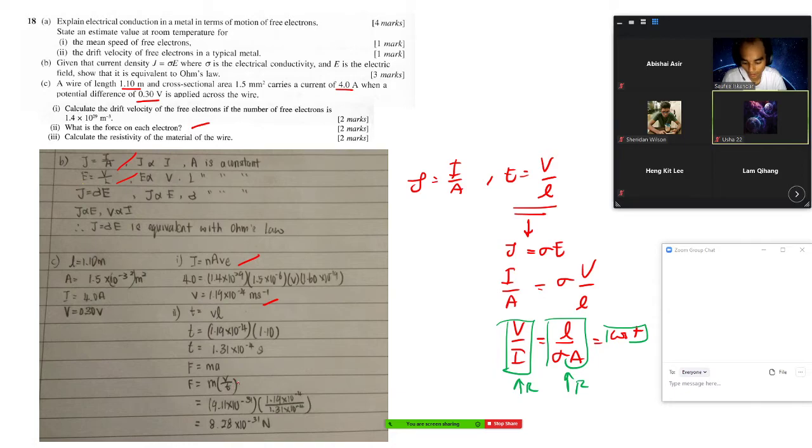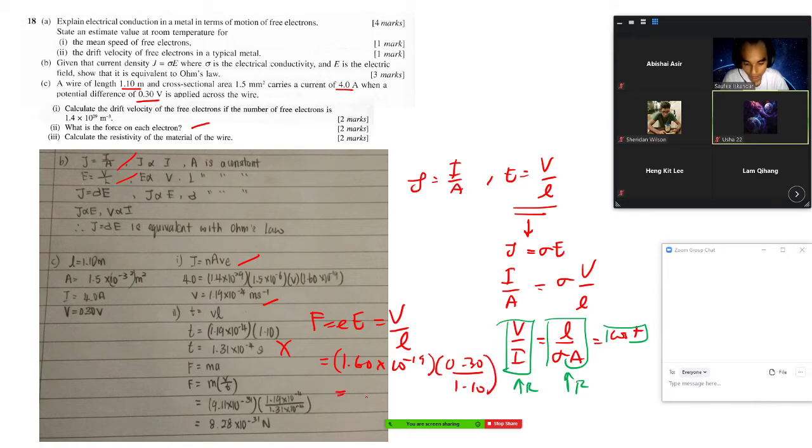The force on each electron, the answer is wrong over here, so this one is not the answer. The answer is F equals QE, where E equals V over L. So 1.60 times 10 power of negative 19 times 0.30 divided by 1.10.